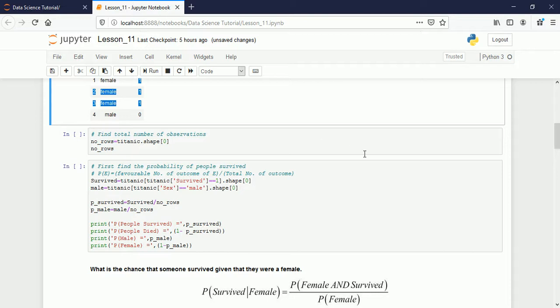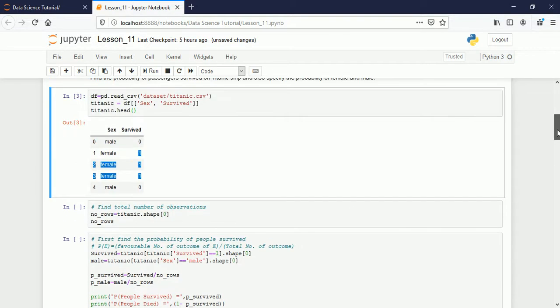Okay, now let's first, if you are finding the probability of male or female or whatever, we have to know the total number of observations. That is important for us, because we are dividing the favorable outcomes by the total number of observations.